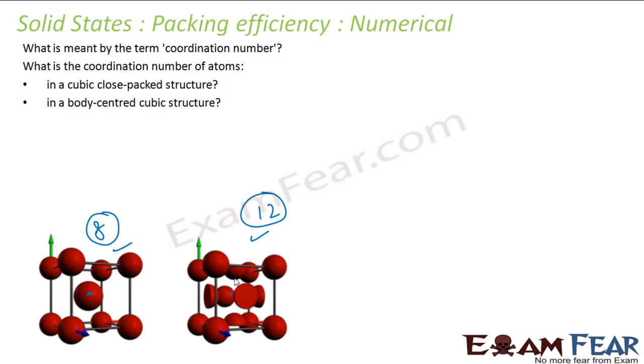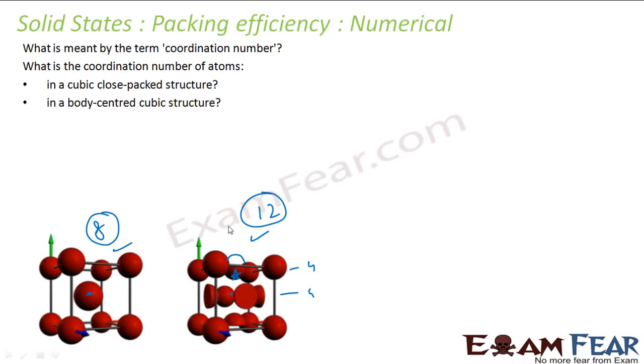See, the way it is, let's take this star atom. It is in touch with 1 2 3 4 here and 1 2 3 4 here. This is 4, this is 4, correct? 4 on the corners, 4 on this. Now there will be one more unit cell on top of this, exactly the same as this. If you take this part and put it here, this will be a complete atom, right? Correct?